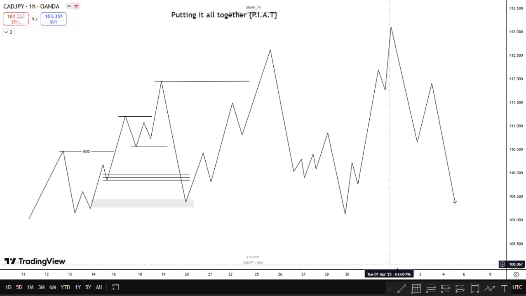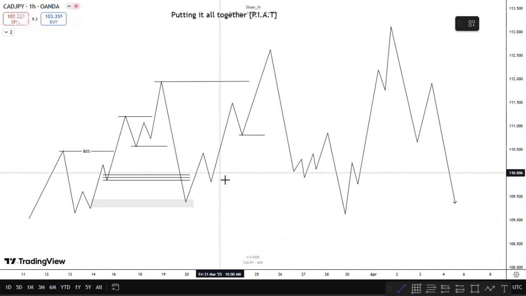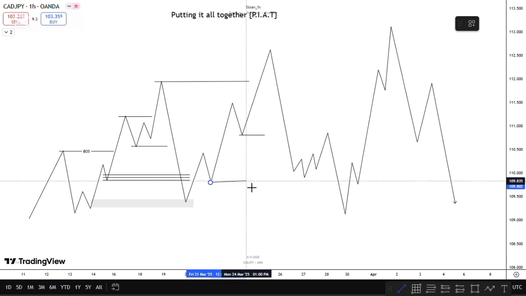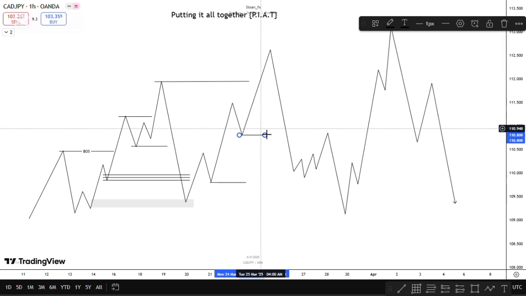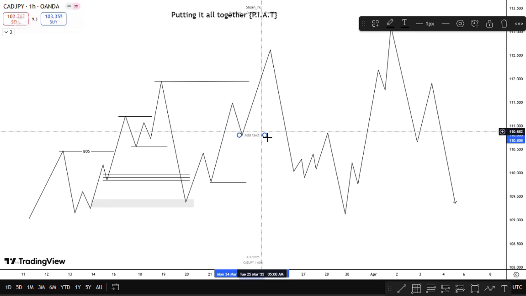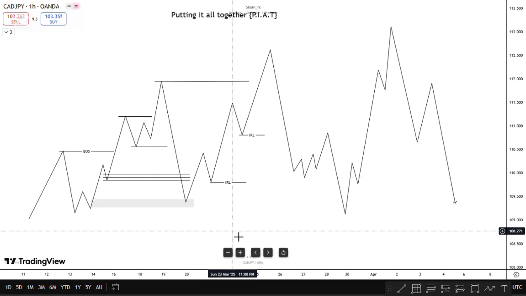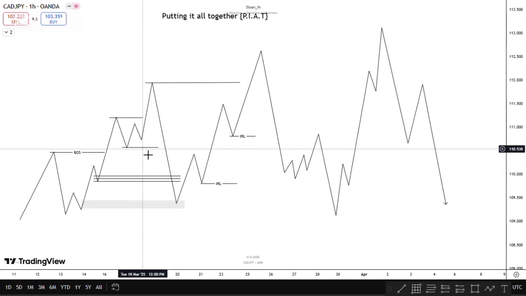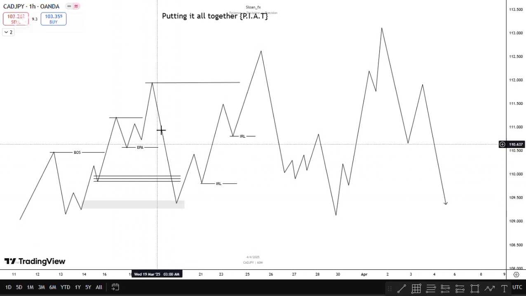This place is actually areas of internal liquidity, IRL. This one is IPA, inefficient price action. Then at this point now is the efficiency.